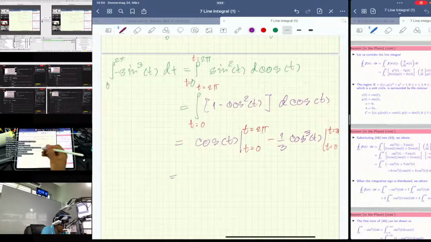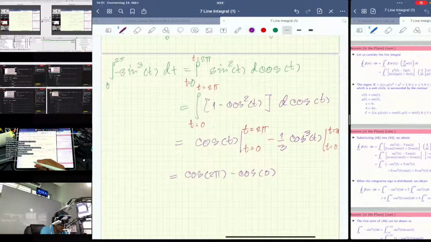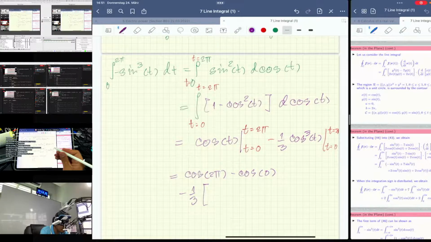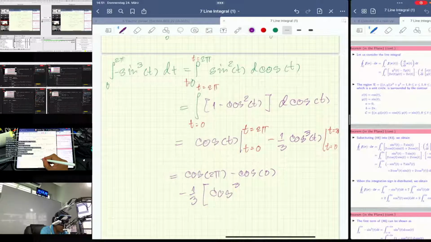And you could see that it's cosine 2 pi minus cosine 0 and minus 1 by 3 cosine with power 3 of 2 pi minus cosine power 3 of 0.